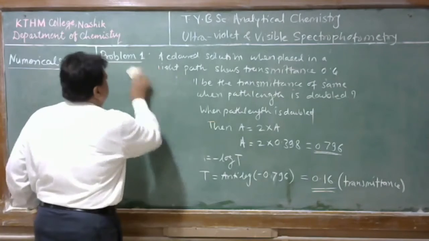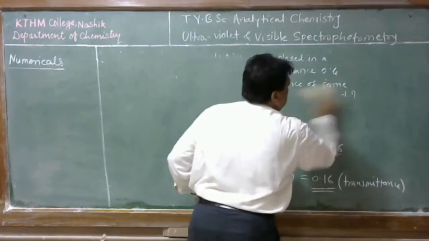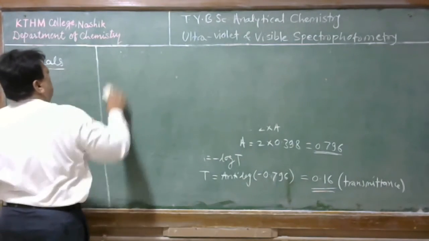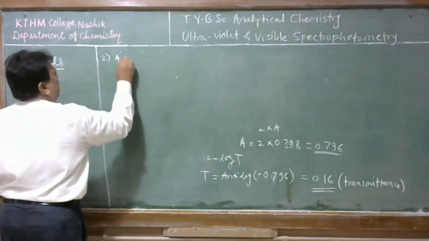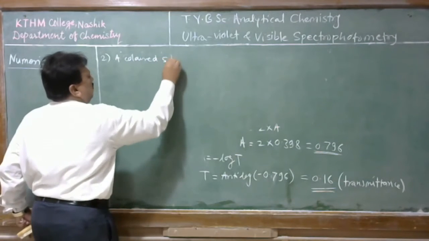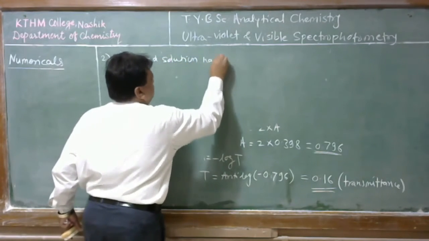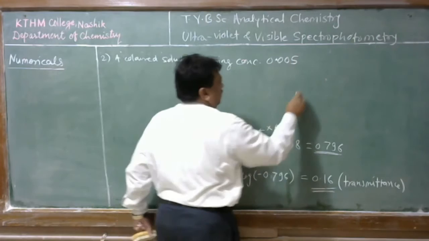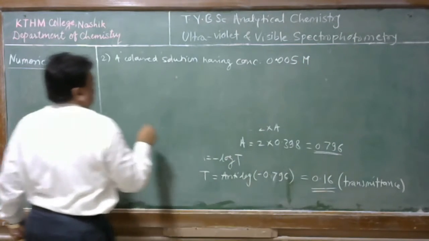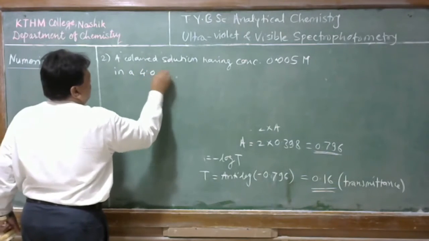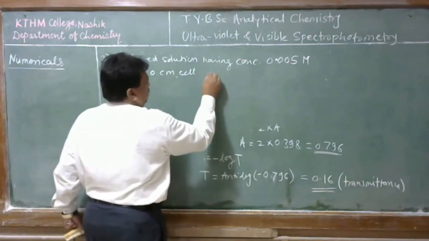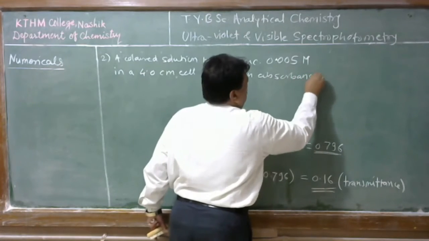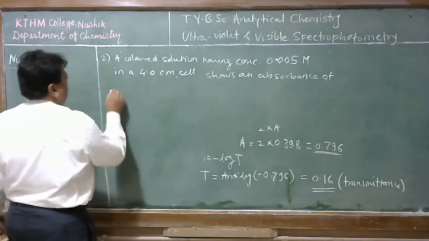Student, now second problem. A colored solution having concentration 0.005 moles in a 4.0 centimeter cell shows an absorbance of 0.25.